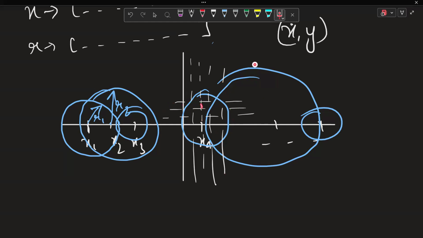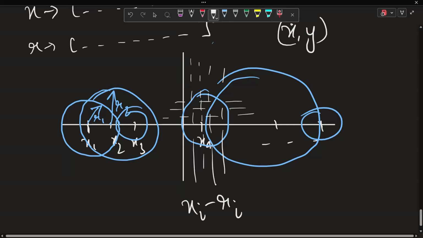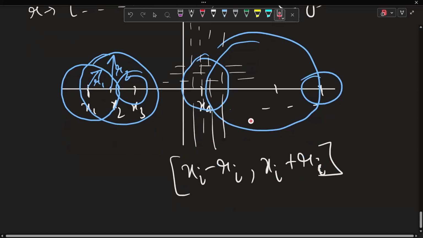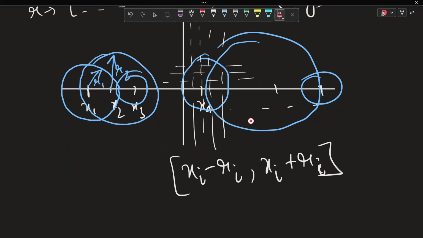So whatever point x, y we take, the x of that point should lie inside the range of xi minus ri to xi plus ri for some circle.